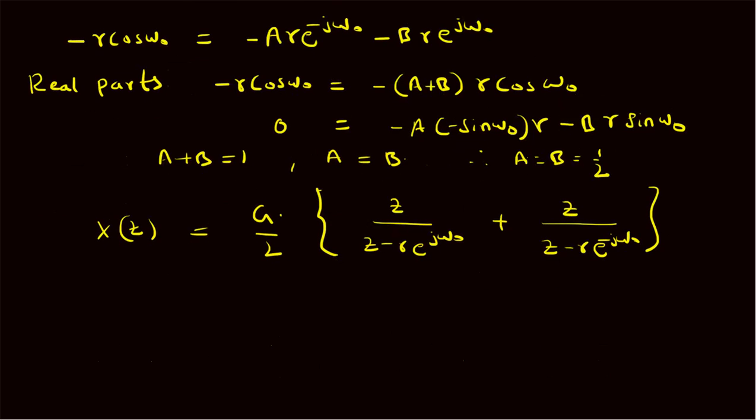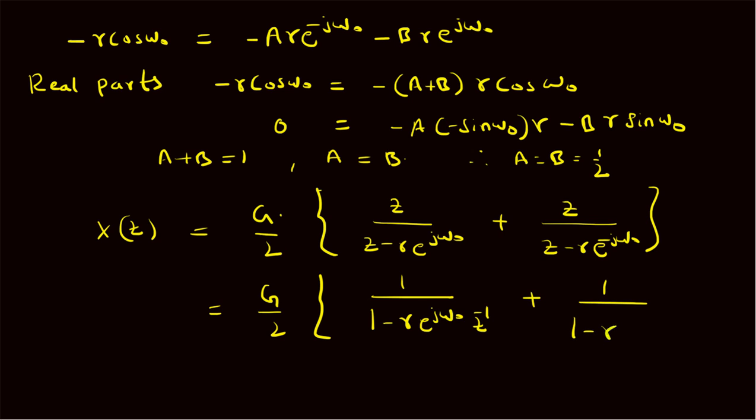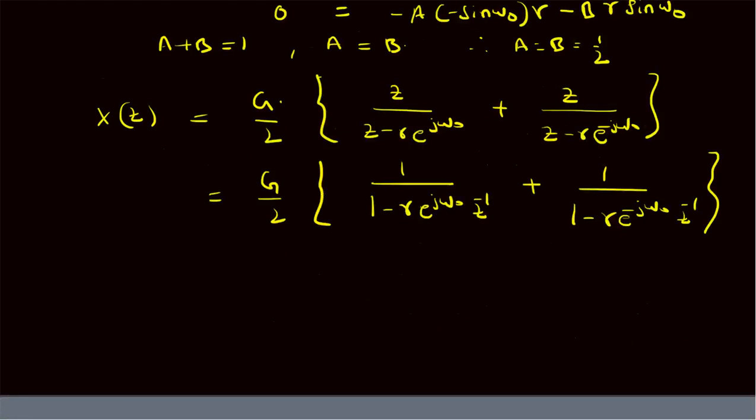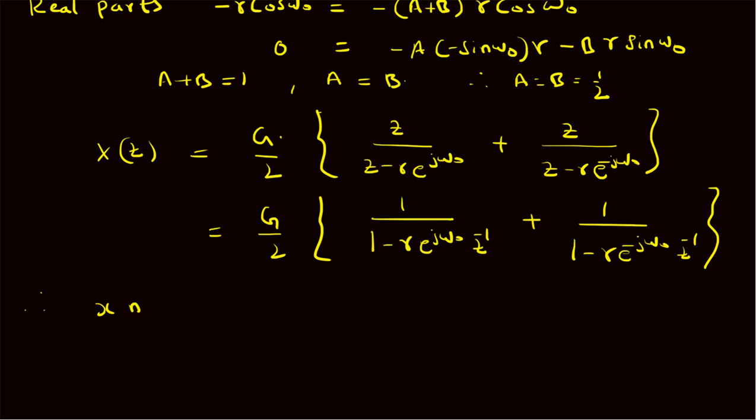Clearly this can be rewritten as g by 2 multiplied by, dividing both the numerator and denominator by z, 1 by 1 minus r into e power j omega naught z inverse plus 1 by 1 minus r into e power minus j omega naught z inverse. So therefore x of n can be written as g by 2.